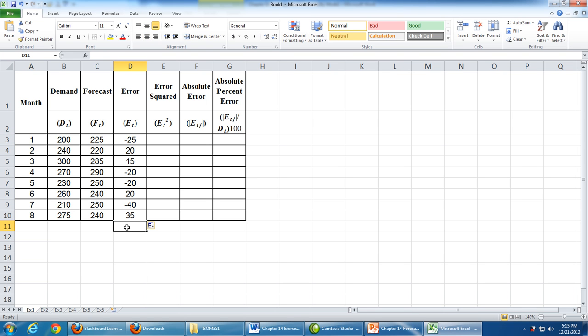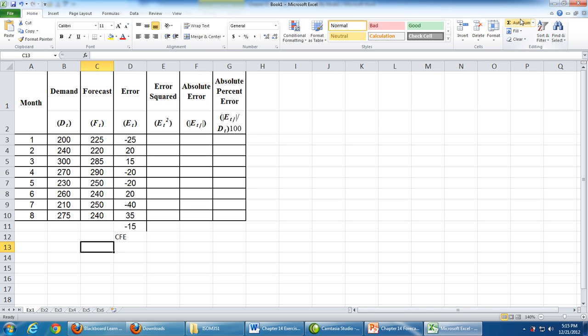Okay. When we add forecast errors together, we call that CFE, or cumulative forecast error. Okay.